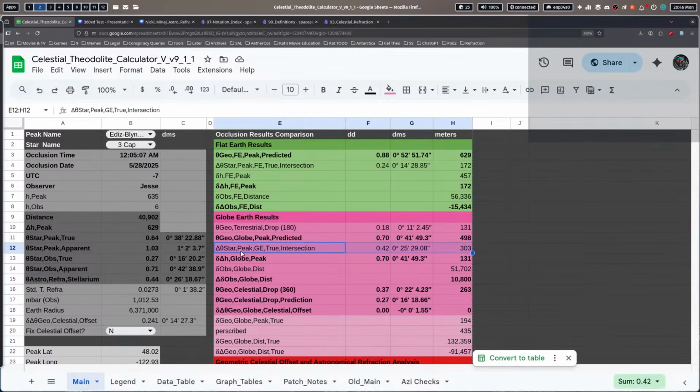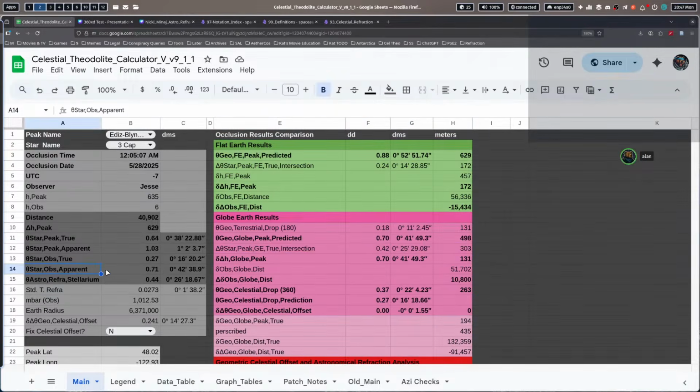Sorry, I don't want to make it bold because then they're all bold. But anyway, the thing I was looking at was right here. So their intersection is off by 25 arc minutes, but you would have to basically completely compensate by astronomical refraction to put the apparent position to what the globe geometrically predicted for that.